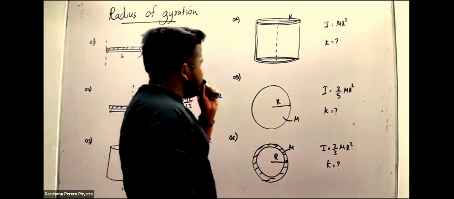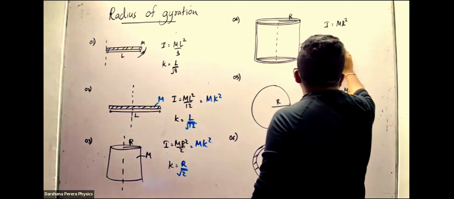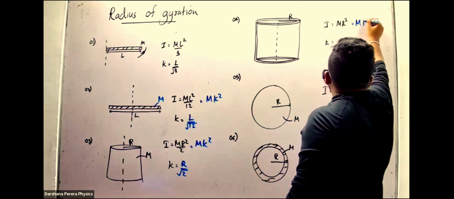Then also this one, I equals M K square.